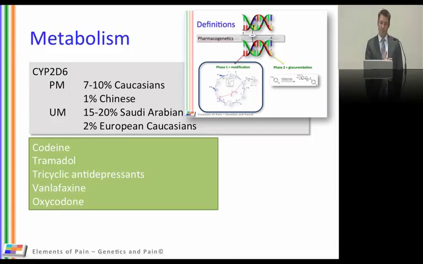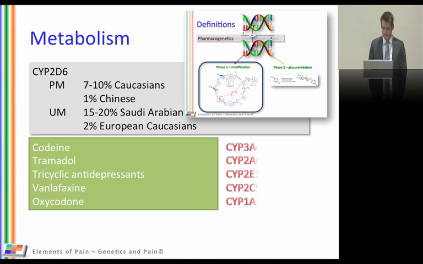So for example, in a poor metabolizer, 5 milligrams of a tricyclic drug may have an effect, whereas you may need to give 150, 200, even 300 milligrams in an ultra-rapid metabolizer to have an effect because it gets so rapidly converted away.